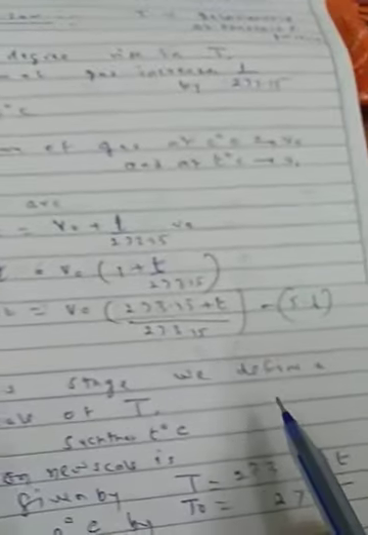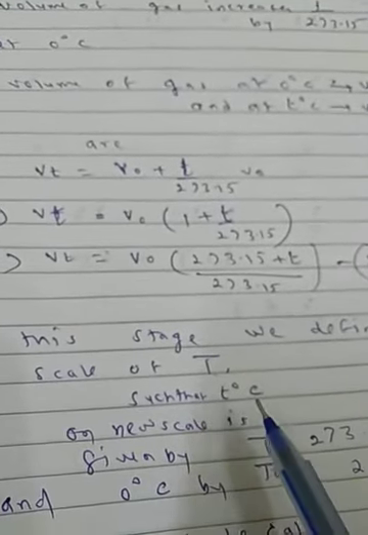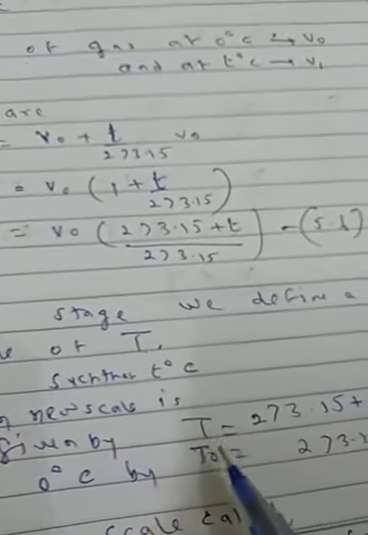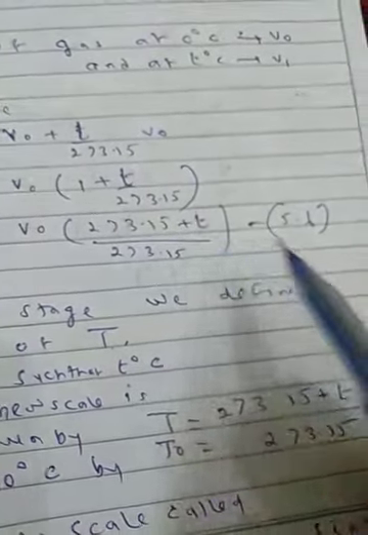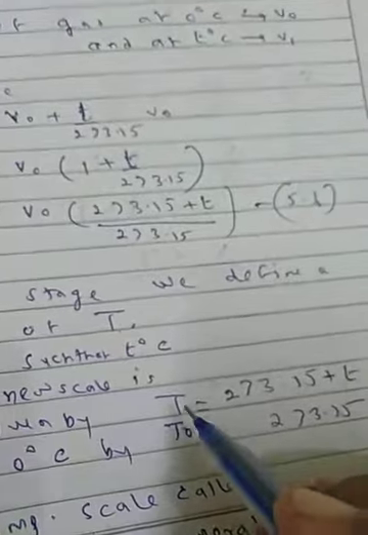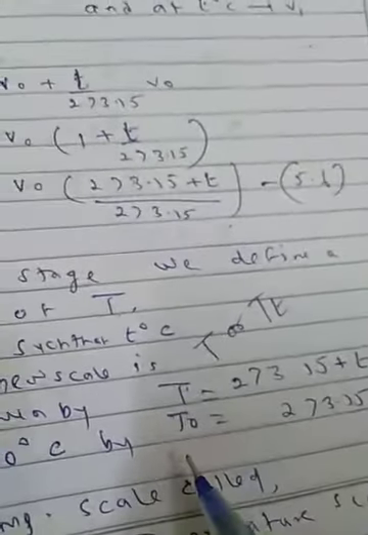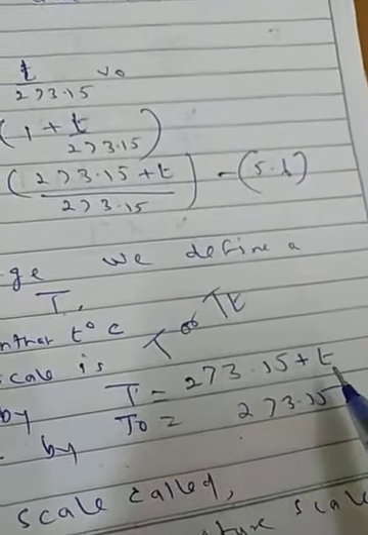Now at this stage we define a new scale of temperature such that T degree Celsius on the new scale is given by capital T is equal to 273.15 plus T. And T0 means 273.15, at 0 degrees Celsius the temperature is this, and at a given temperature you have to add it.